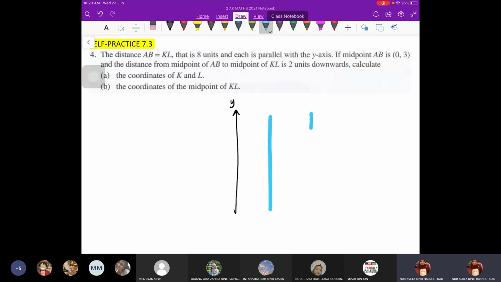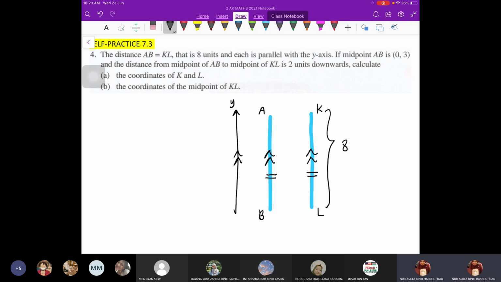Kita tak tahu dia kat mana, teacher wujudkan je dulu. So this will be my AB and then my KL. Dia parallel to the y-axis. Okay, so distance dia adalah 8 units. Dan dua-dua ini sama panjang.